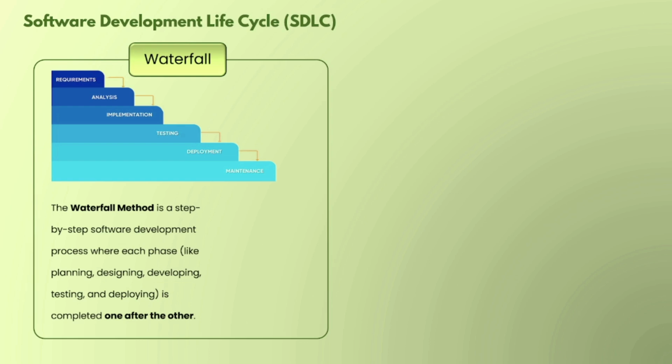We have seen a few and we will see the remaining in the upcoming part of this video. Once a phase is completed, going back isn't easy. It is just like a waterfall where water keeps flowing forward and can't reverse its direction. Maybe that's why it is called the waterfall model. We will see a quick example of waterfall here.